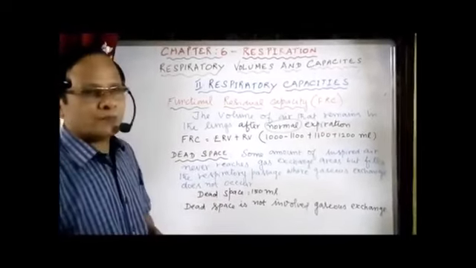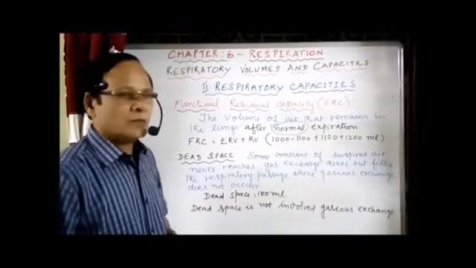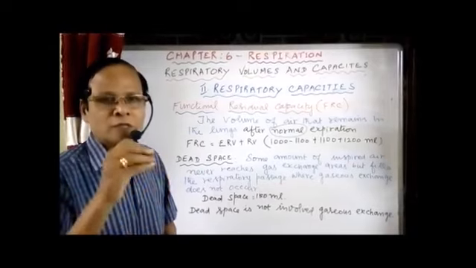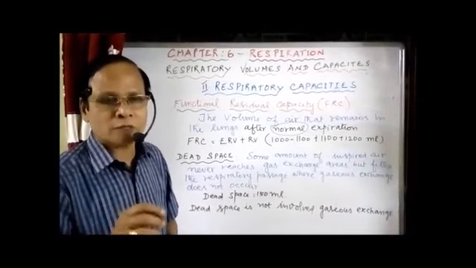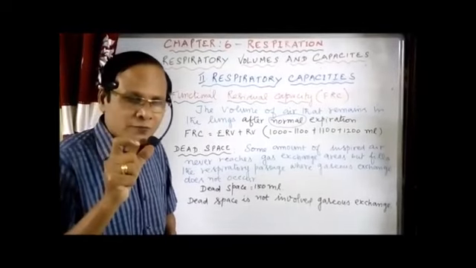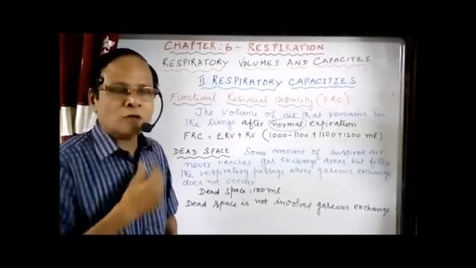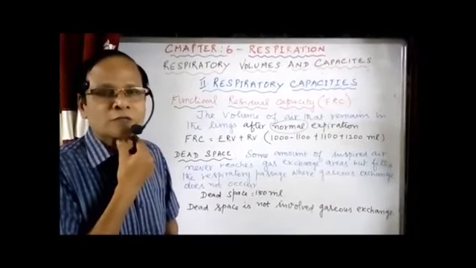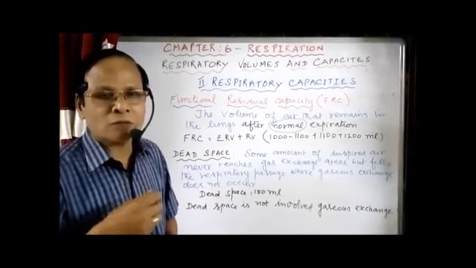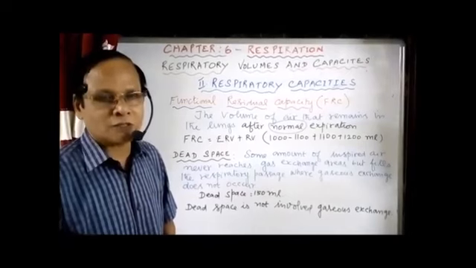Now the dead space. What is dead space? When we are inhaling, for example, 500 ml of air during tidal volume, during quiet respiration, out of this 500 ml, 150 ml just fills the respiratory passage. The remaining 350 ml alone reaches the lungs for gaseous exchange.